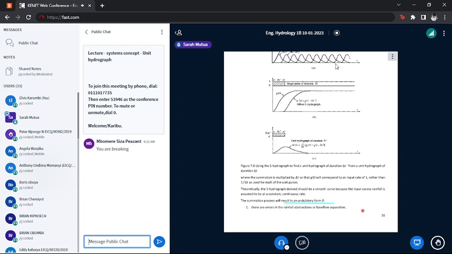If there are errors in rainfall abstractions or base flow separation, and those are expected, because how do we calculate base flow, for example, rainfall abstractions? The various methods that we did in engineering hydrology 1, we can use the runoff coefficient method, phi index method, and also abstractions using infiltration equations. And all these are approximations. And because of that, we may have errors.